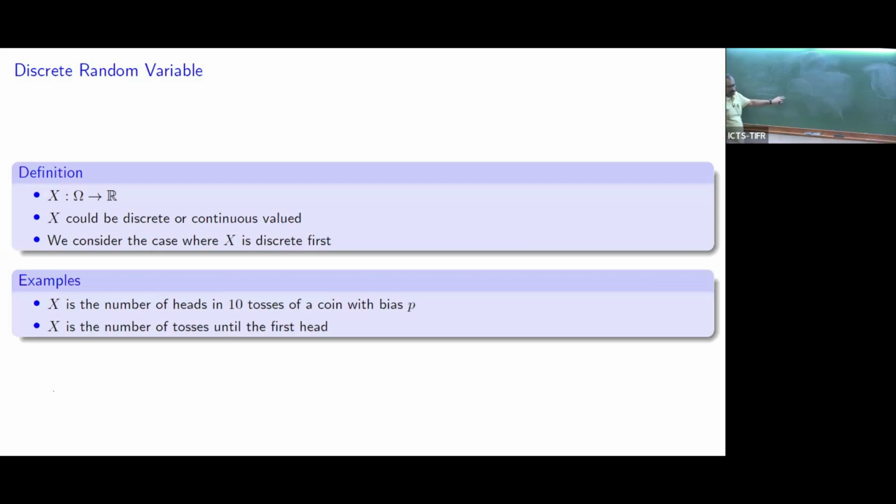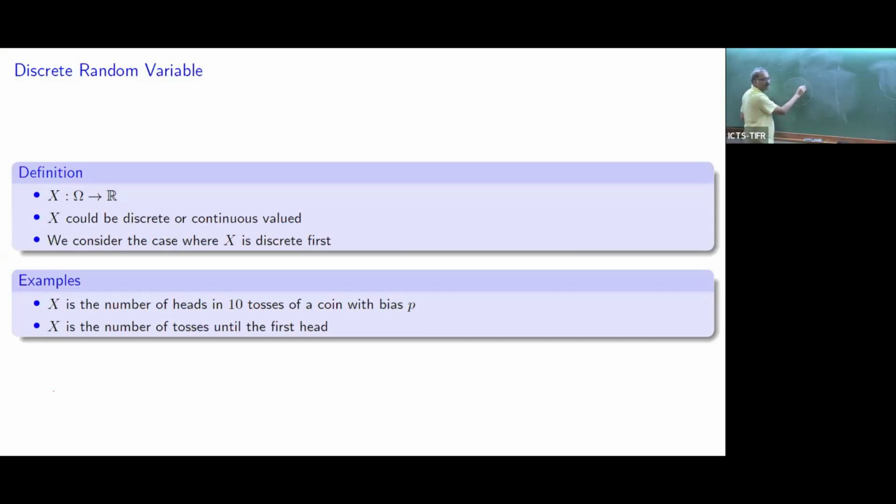This is your sample space, and x is the number of heads that you can have in 10 tosses of a coin. So what is this x doing? x takes a point here and counts the number of heads.